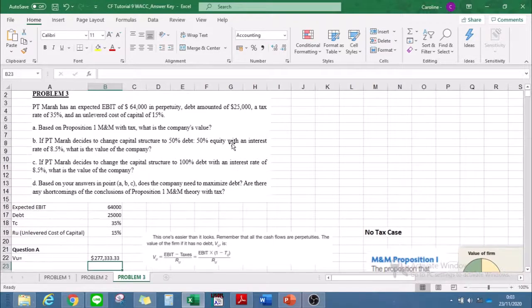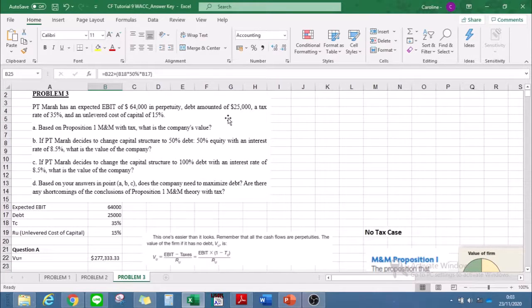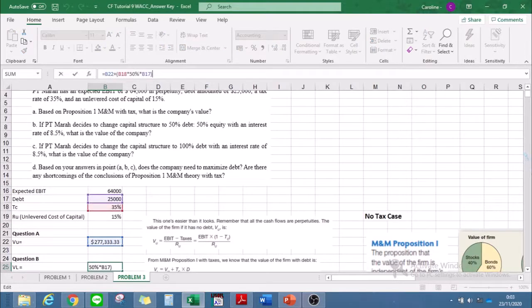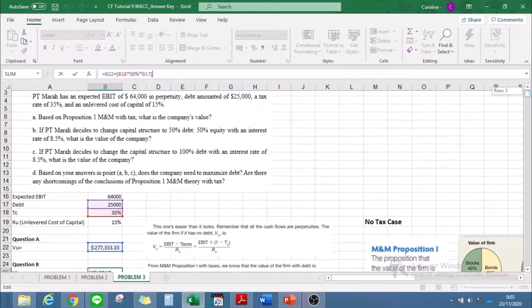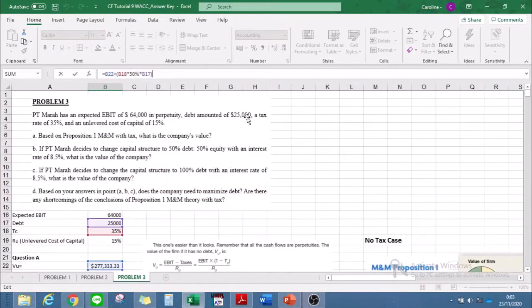Okay, for question B, if PT Mara decides to change the capital structure to 50% debt and 50% equity, in this case we are going to use 50% of the $25,000. The value of the firm with debt is from M&M proposition 1 with taxes. So you just need to add the value of the unlevered firm with the TC multiplied by D. In this case, the TC is 35%, and then you use 50% of the debt, so 50% of the $25,000.